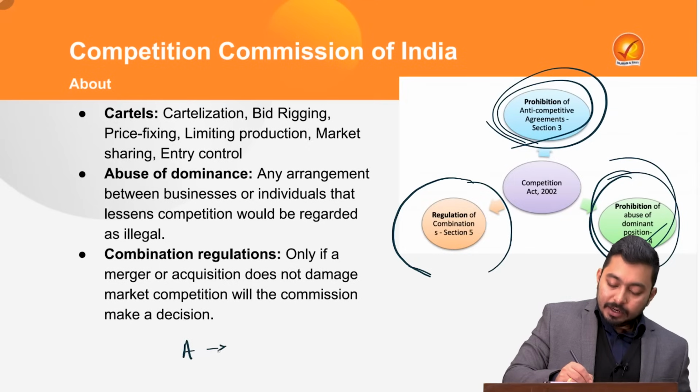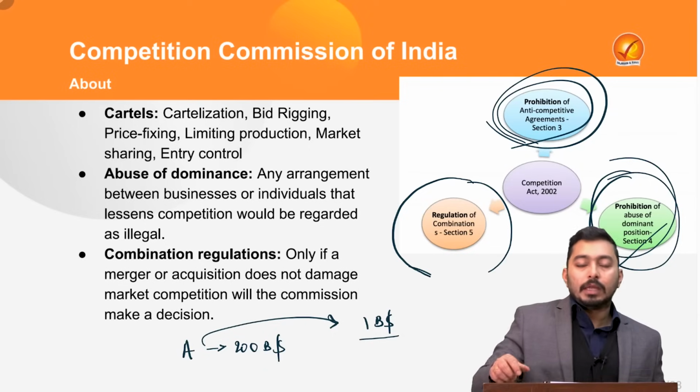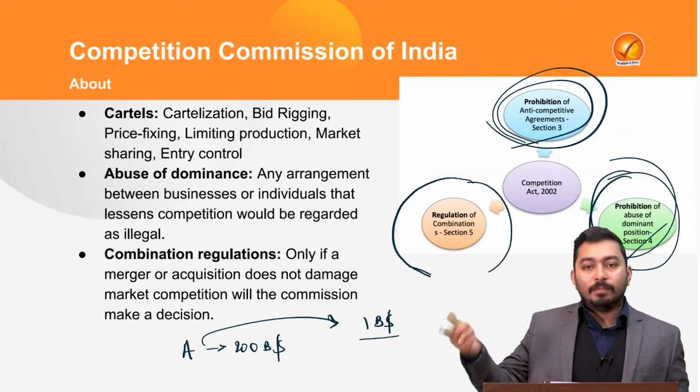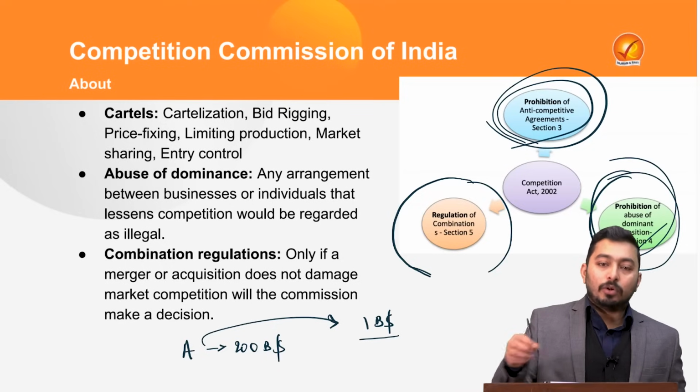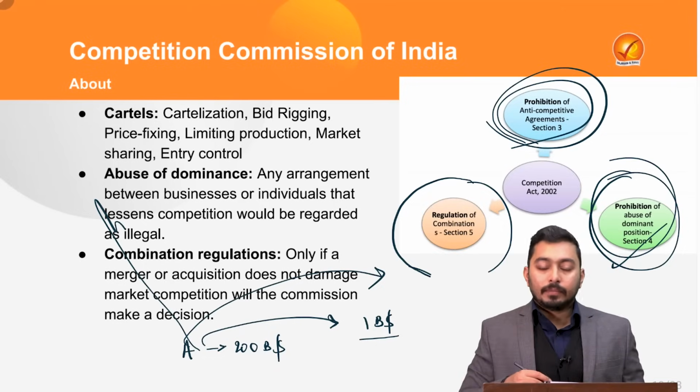A has $200 billion. Can it buy a $1 billion company? I will call this an acquisition. I have bought a company. The way you are buying a shirt, they are buying a company. So one company has been bought, another company will be bought, another company. So they are acquiring companies.